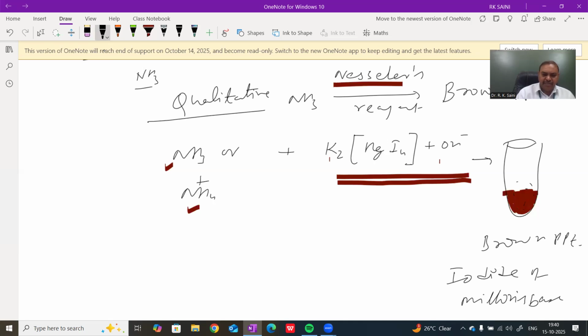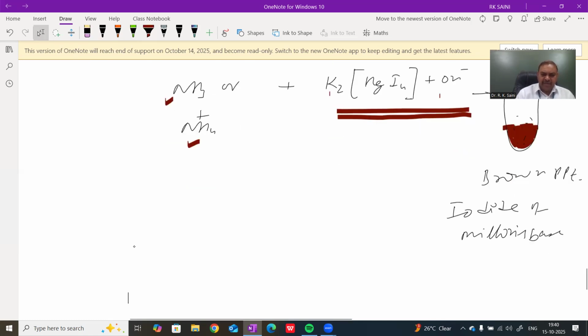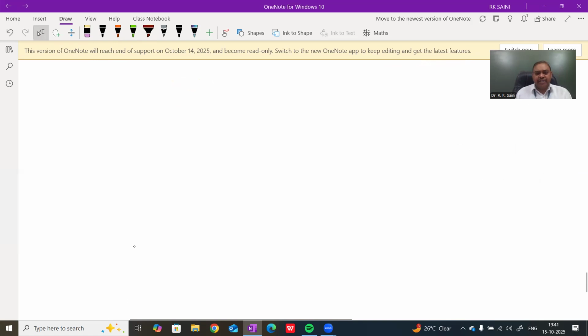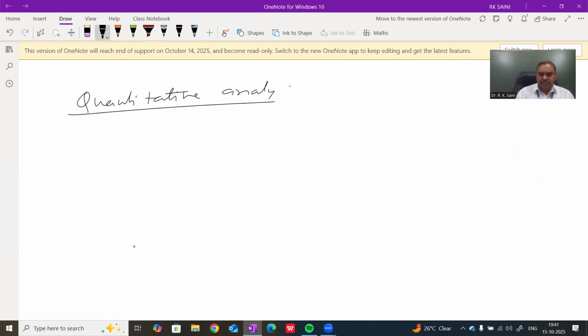The ammonia is passed through the standard solution of acid, and then by the use of the law of equivalence, we find the percentage of nitrogen in the organic compound by quantitative analysis of nitrogen. We use the law of equivalence. Gram equivalent of ammonia equals gram equivalent of acid.